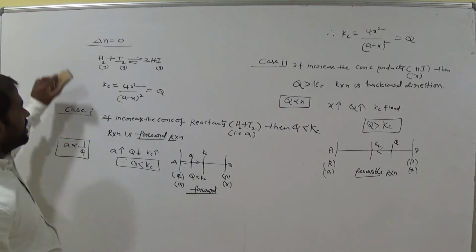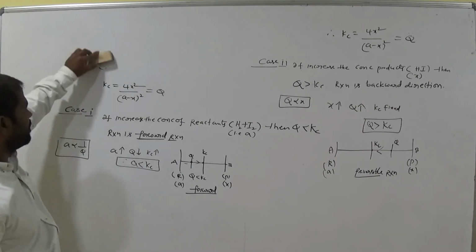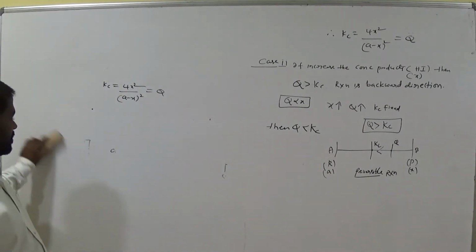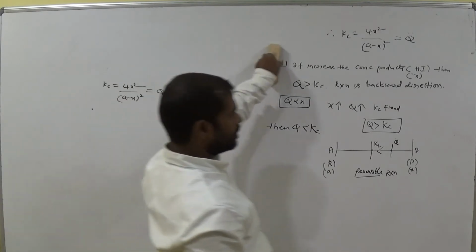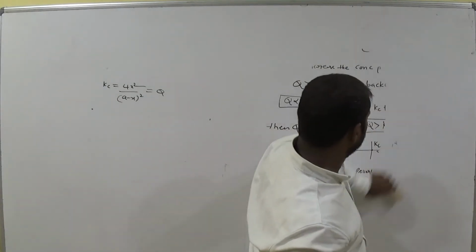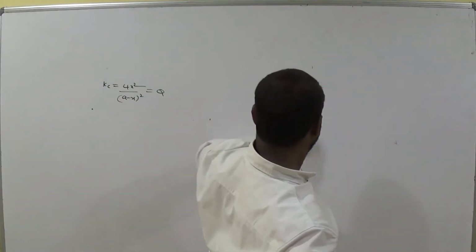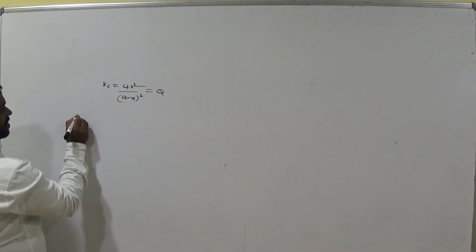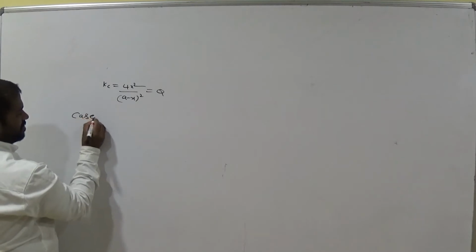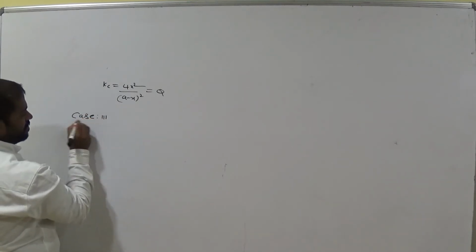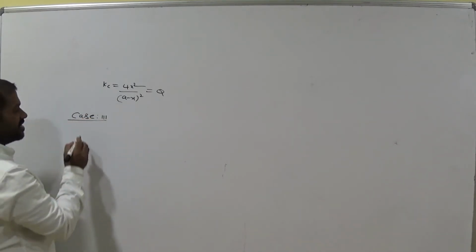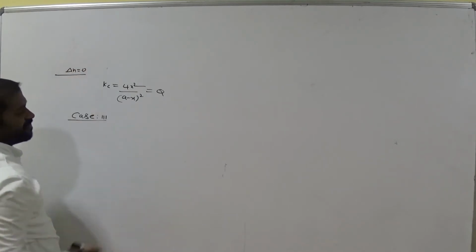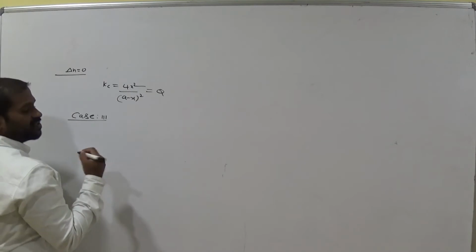And what about case 3? So here case 3, in this expression, delta n is equal to 0. Case 3 means regarding volume.